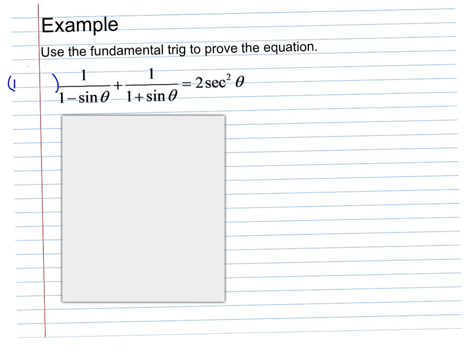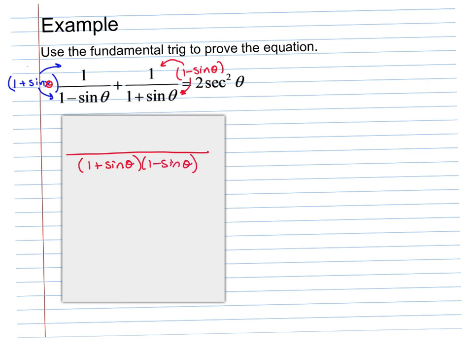On this side, I'm going to need a 1 plus sine of x, and I'm literally going to multiply this to the top part and the bottom part. And on the right side, you need a 1 minus sine of theta, not x. And I'm multiplying that to the left and the right. So that means my denominator is going to be 1 plus sine theta times 1 minus sine theta.